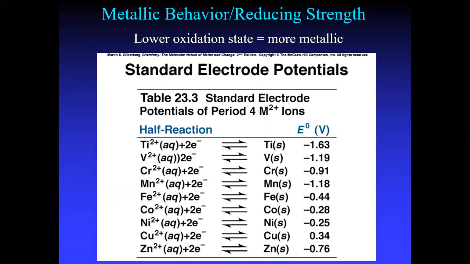Coming to the standard electrode potentials, if lower is the oxidation state, more is the metallic nature. Metals have a tendency to lose electrons and convert into positive ions.